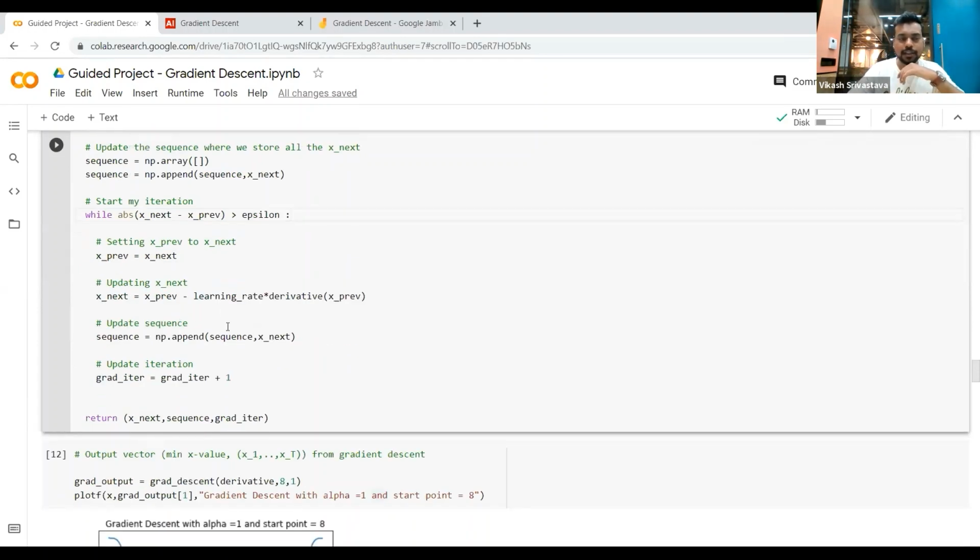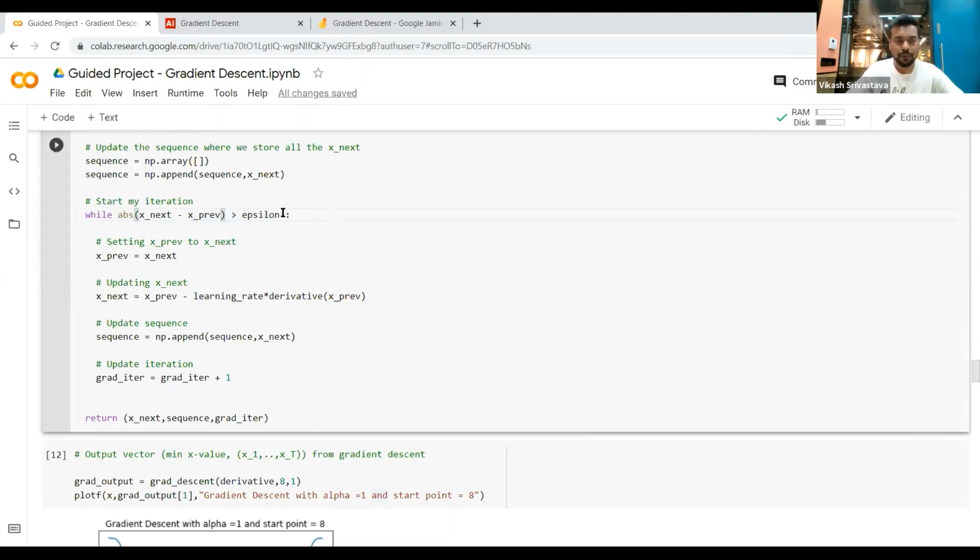Now we need to write the condition for convergence, right? Here we'll keep doing iterations when this condition is true. When this condition is false, we'll stop doing any further iteration. This is nothing but the convergence equation, that is, the difference between x next minus x prev is greater than epsilon, right?